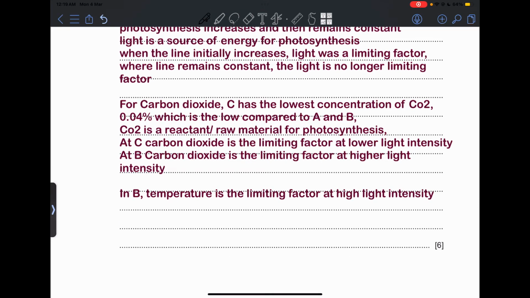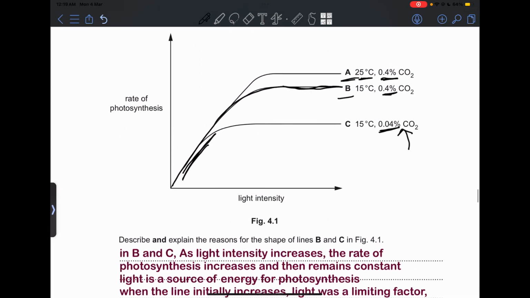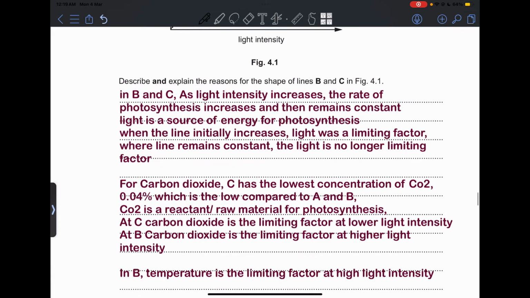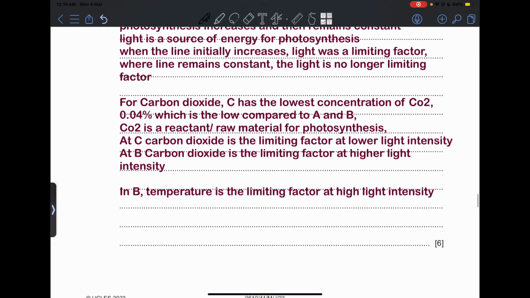At C, carbon dioxide is the limiting factor at low light intensity. So in C there was low carbon dioxide, which was the limiting factor, and also a low light intensity. It had a lower amount of light than B and A. In B, carbon dioxide was a limiting factor at higher light intensity.